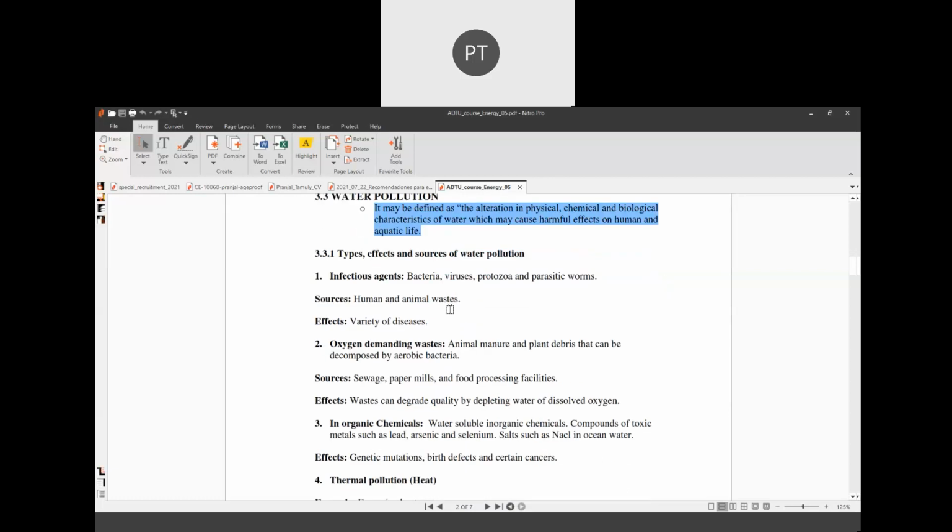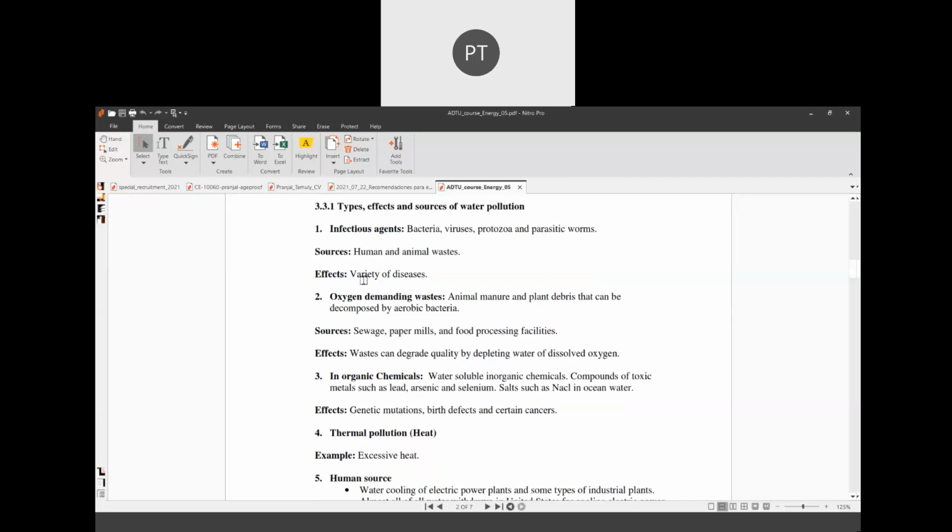So what are the different types, effects and sources of water pollution? First, the infectious agents. What are the different sources? The agents are bacteria, viruses, protozoa and parasitic worms, and the sources are human and animal waste. These agents are produced from human and animal waste. So what is the effect?